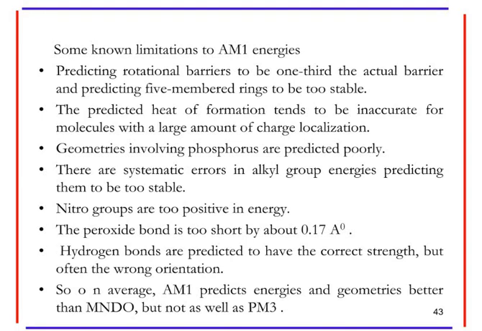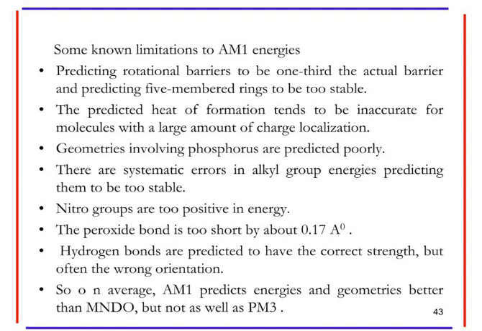Predicting rotational barriers to be one-third of the actual barrier, and predicting five-membered rings to be too stable. The predicted heat of formation tends to be inaccurate for molecules with a large amount of charge localization. Geometries involving phosphorus are predicted poorly. There are systematic errors in alkyl group energies, predicting them to be too stable.